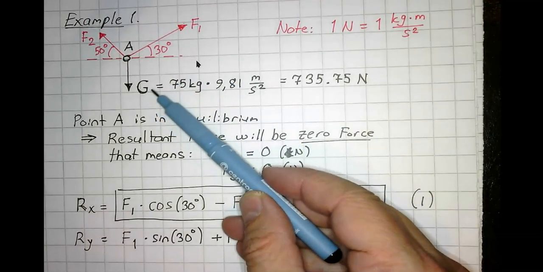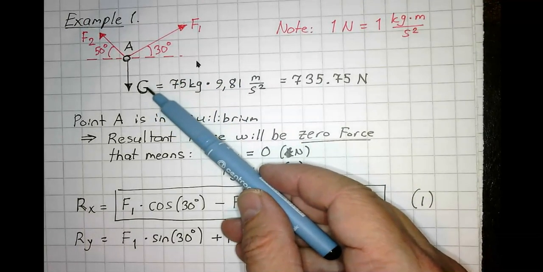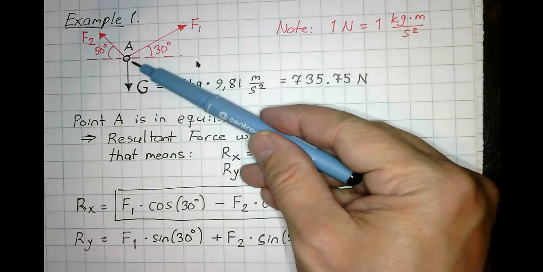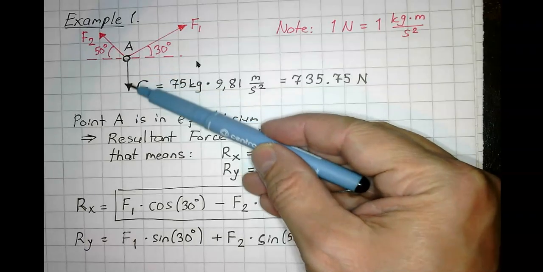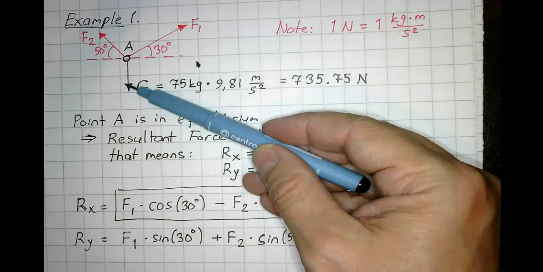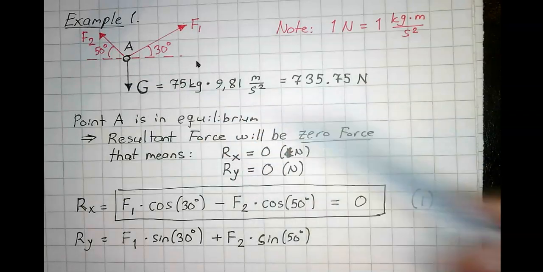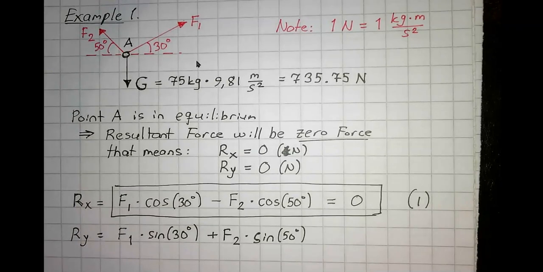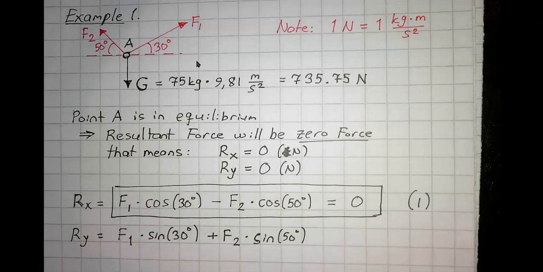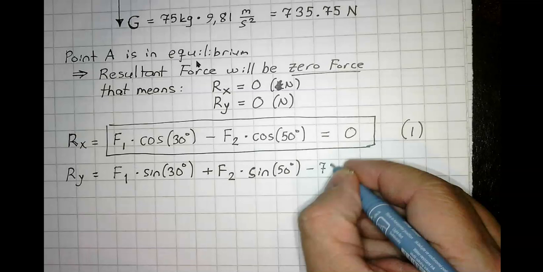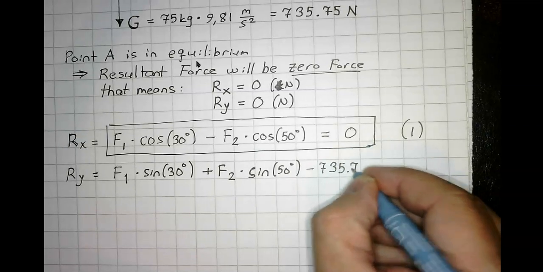In the first equation, we did not need that G force there at all, or the weight of that box, because this force is oriented exactly downwards, so it has not any x components at all. It has only y component, and it is downwards, so that will be minus. So we write minus 735.75.